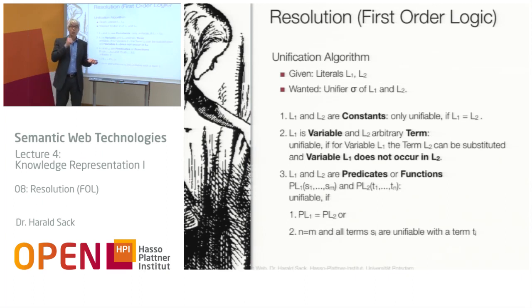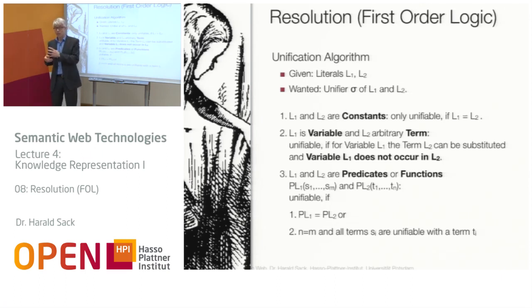If L1 is a variable and L2 is an arbitrary term, then they are unifiable if the term L2 can be substituted for variable L1, and variable L1 does not occur in L2. This is mandatory: the variable you want to substitute must not occur in the term L2.